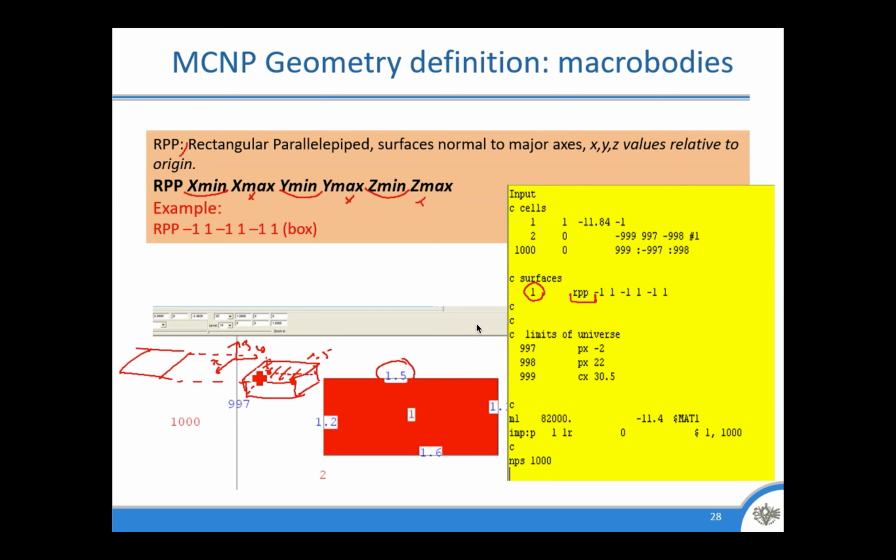If I want another cell to be at exactly the same level as the upper part of this macro body, I can still use this. It exists outside the macro body, even if it's not marked here.